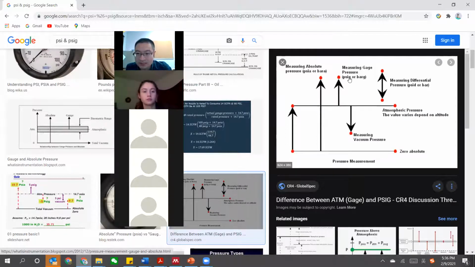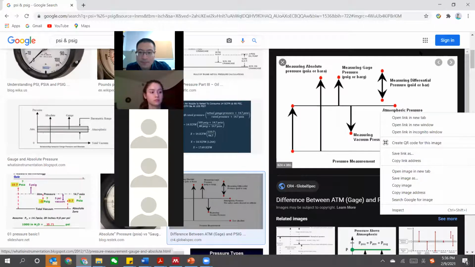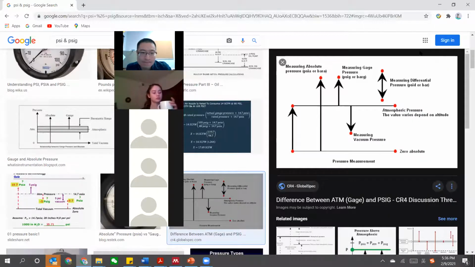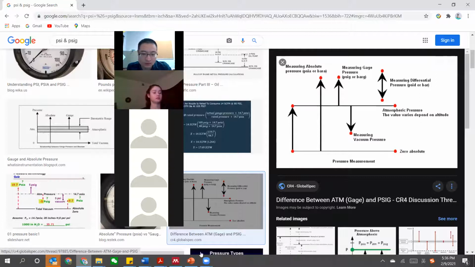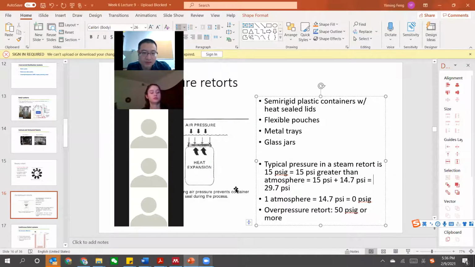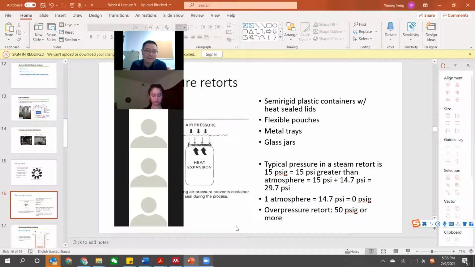When we talk about PSIG, the baseline is atmosphere pressure. Does it make sense? No? And the difference between them is the atmosphere pressure, which is 14.7. Is that better?